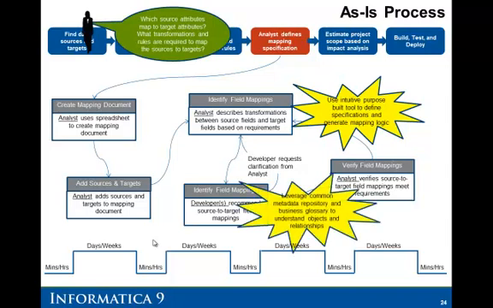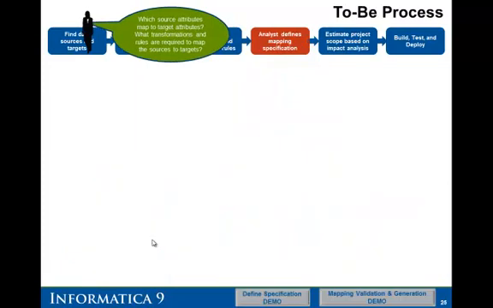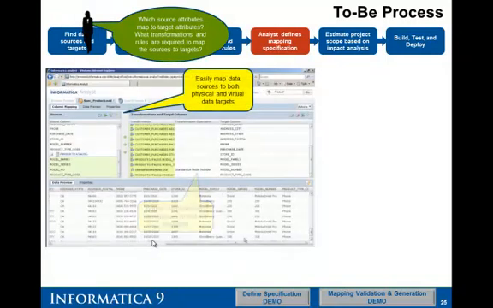And if the mapping specifications and all this logic were stored in a central common metadata repository along with the business glossary, then it'll be much easier to share this information between the stakeholders. In addition, it'll be easy for both the analyst and the developer to find and understand the objects and relationships. So let's take a look at what the to-be process could be using Informatica.